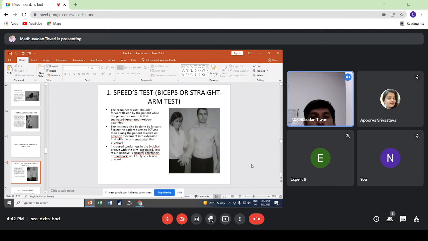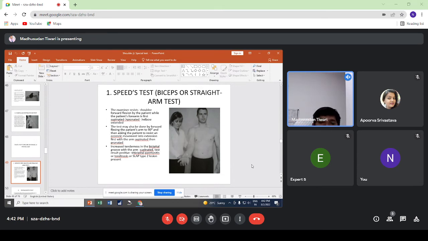The test may also be done by forward flexing the patient's arm to 90 degrees and then asking the patient to resist an eccentric movement into extension, first with the arm supinated, then pronated.